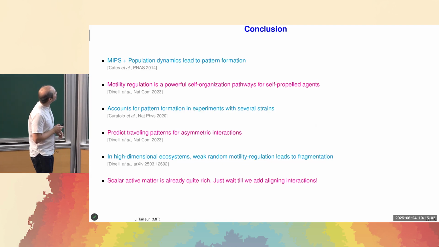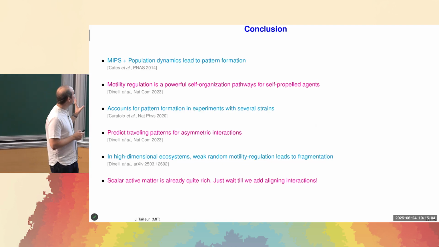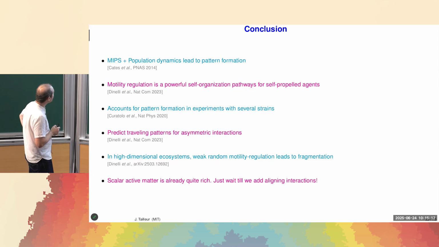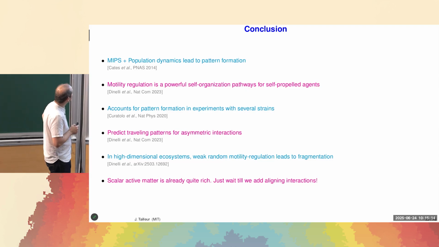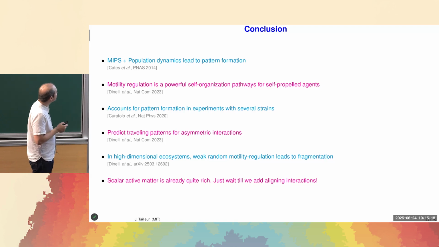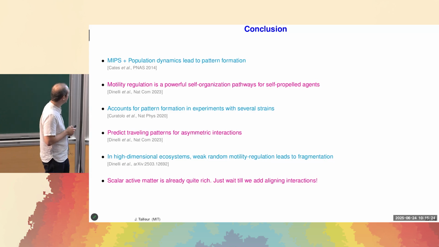Okay, so just let me conclude this first half of my lectures. Motility-induced phase separation and population dynamics lead to pattern formation. I hope I've convinced you that it's a powerful self-organization pathway for self-propelled agents. I've shown this in the context of bacteria, and it can even make almost quantitative contact with experiments.